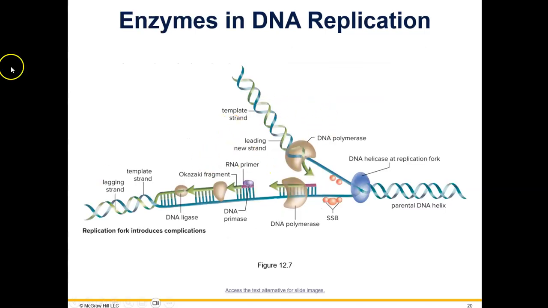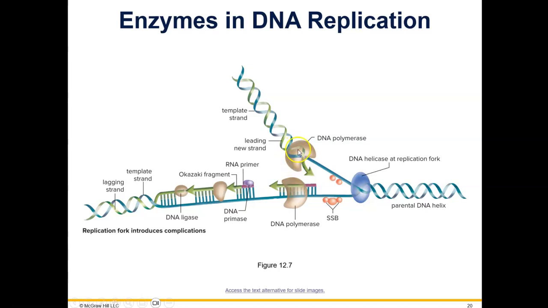So first, DNA polymerase comes in and adds nucleotides continuously to the strand we call the leading strand. This is the helicase. DNA polymerase is this brown molecule that looks like a big fat crescent moon.